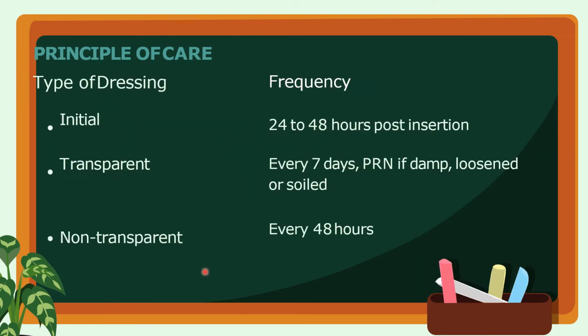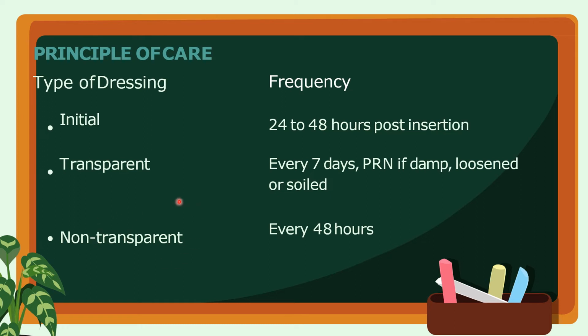So moving on to the principle of care for changing dressing. It depends on the type of dressing. For the initial dressing, the frequency of changing will be at least between 24 to 48 hours post-insertion. For transparent dressing, it can be changed every 7 days or as necessary if it is damp, loosened, or soiled.